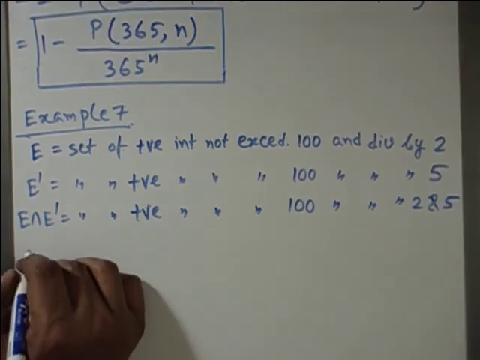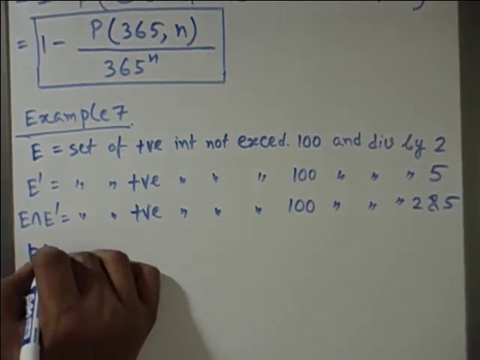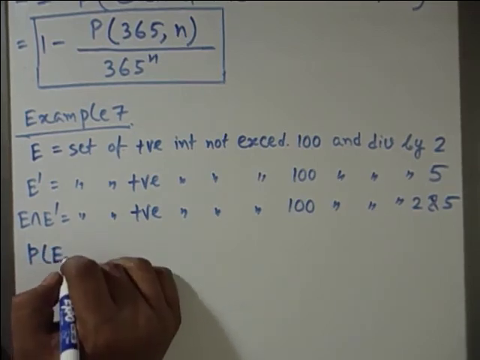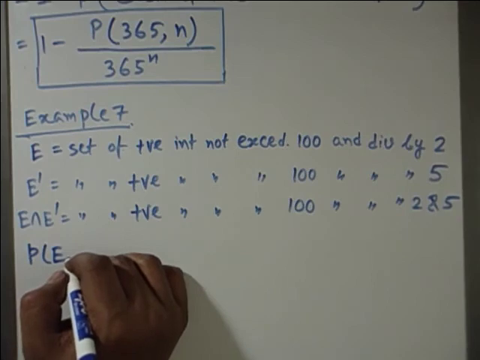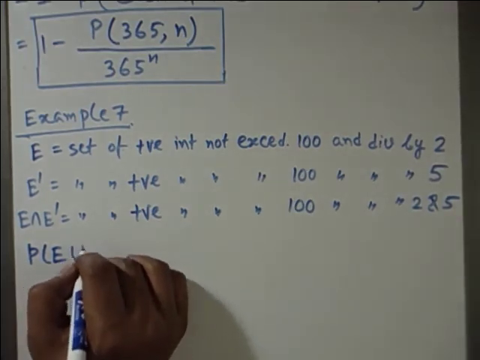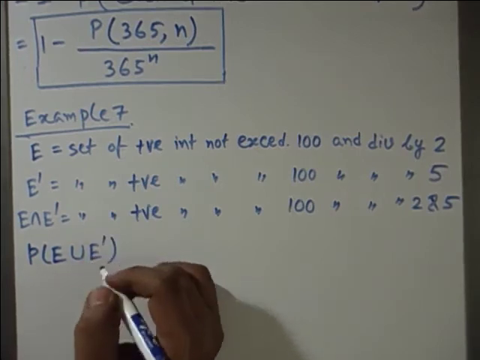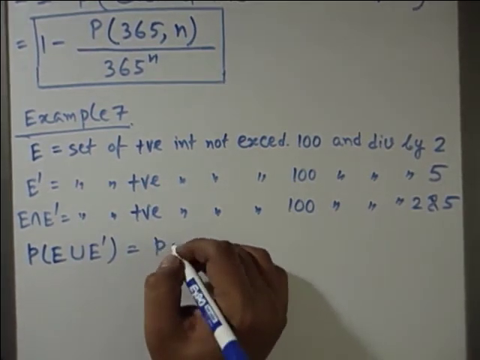Now let's calculate each of their sizes. We can use the formula. Our solution for this problem is divisible by 2 or 5, so probability of E union E prime. And we just learned the formula.